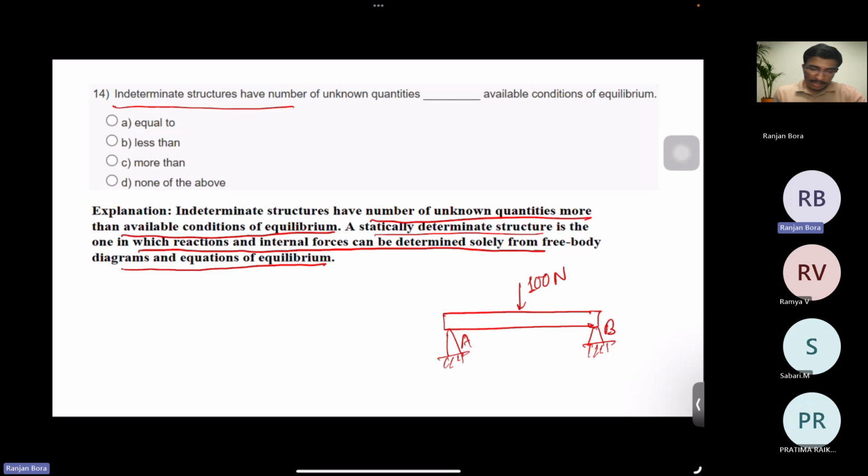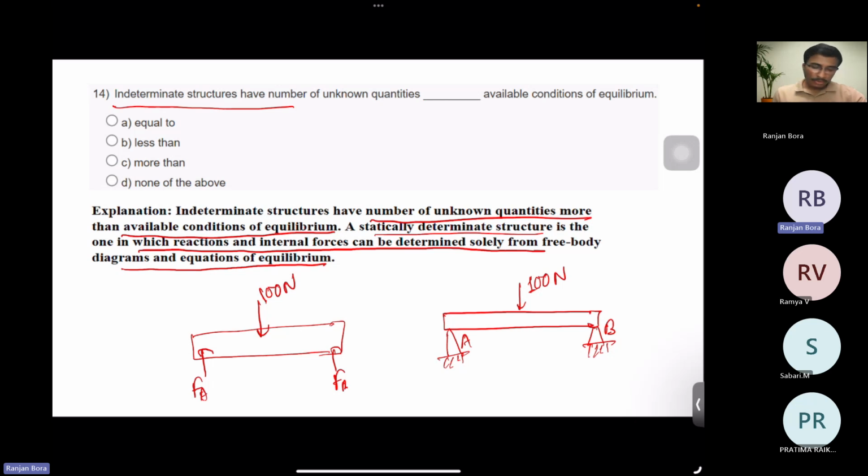If we draw the free body diagram of this beam, there will be 100 Newton, and there will be FA and FB. So there are two unknown reaction forces, FA and FB.